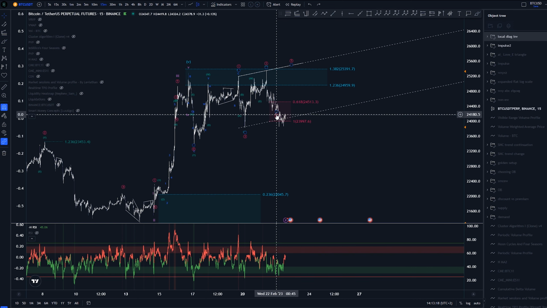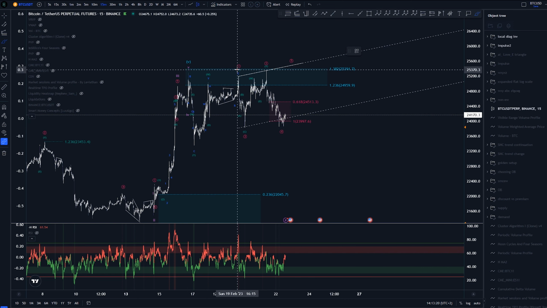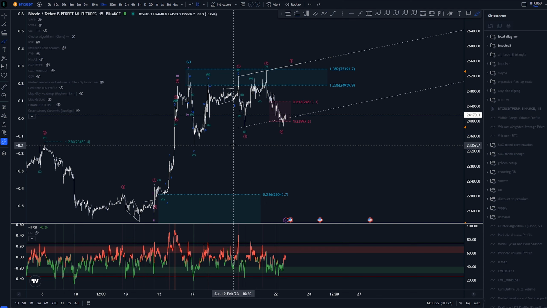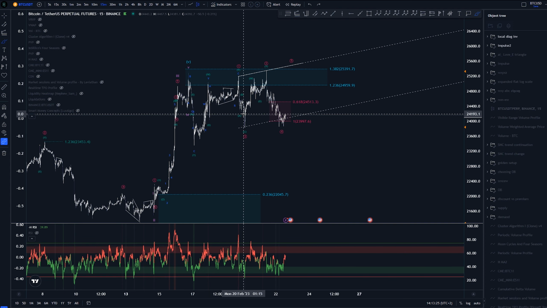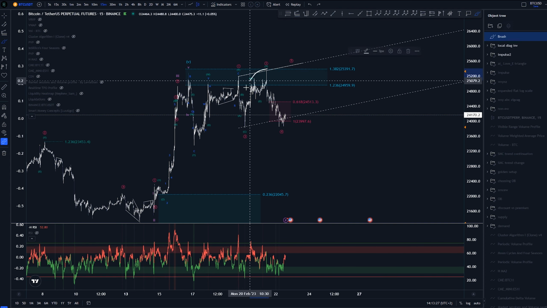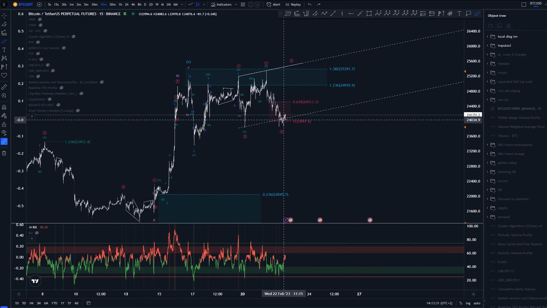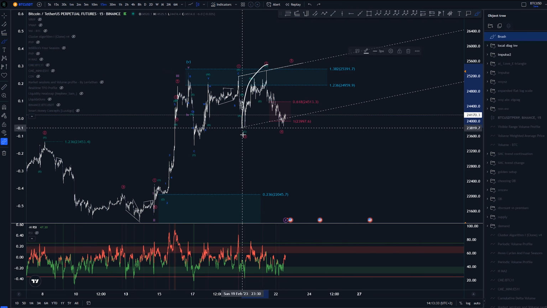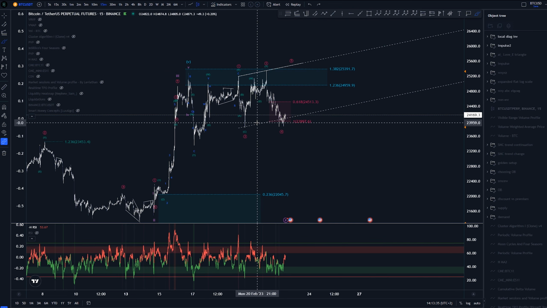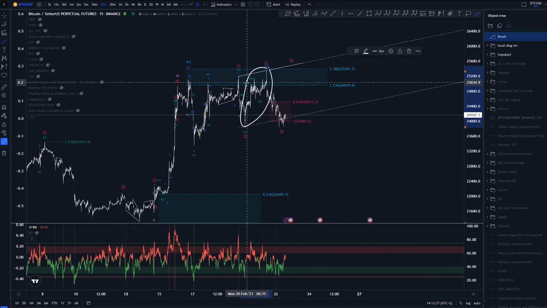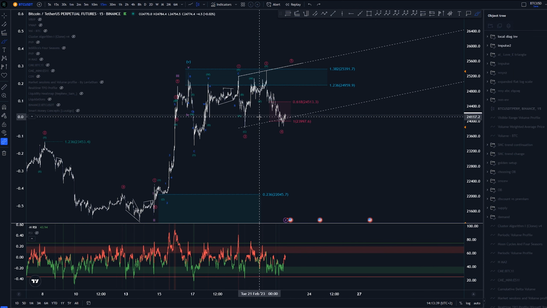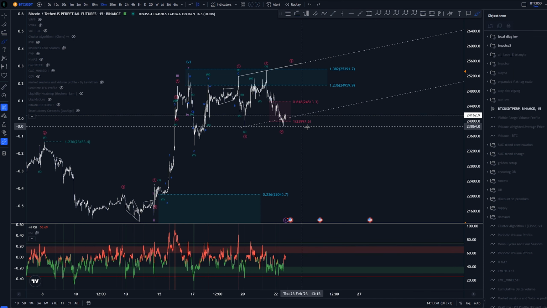The wave 4 here has already gone beyond the 1-to-1 of this wave 2, which is making this an expanding diagonal, which it can't be, because third wave here is already smaller than wave 1. If it was an expanding structure, this wave 5 would have to be larger than wave 3, and at this point overall, wave 3 would be the shortest structure overall, which just can't be the case. So this whole thing is invalidated.